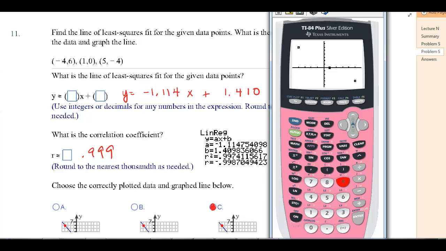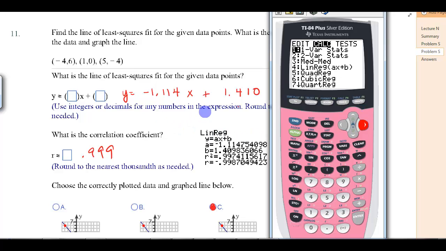So you get some dots, and it says what's the line of least squares fit for the given data points. You will go back to stat, over to calc, and we want to choose linear regression, and we'll hit enter.